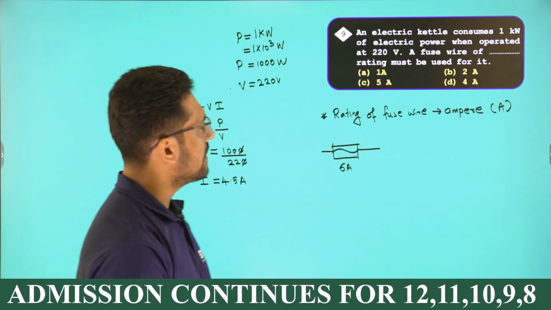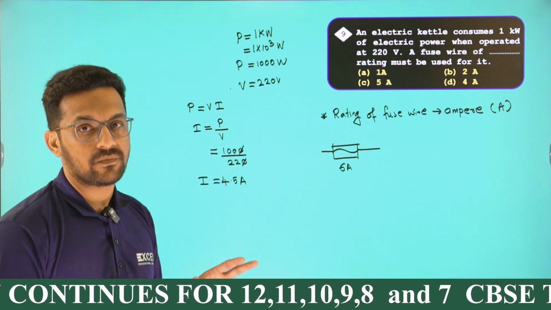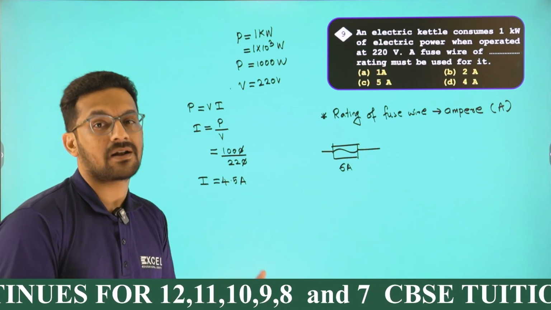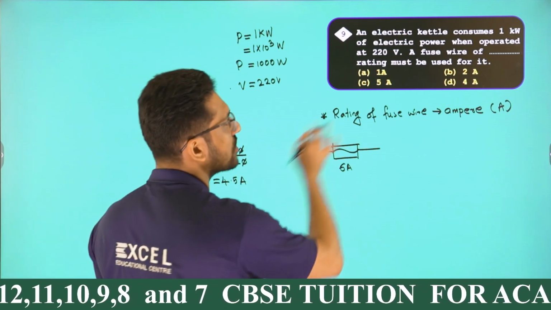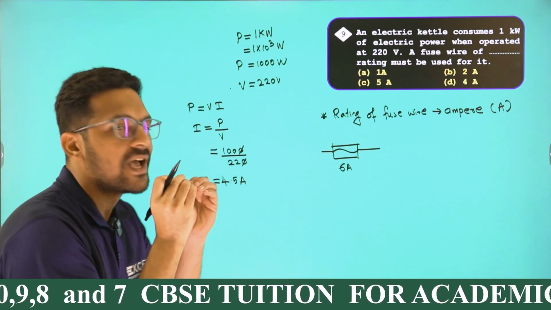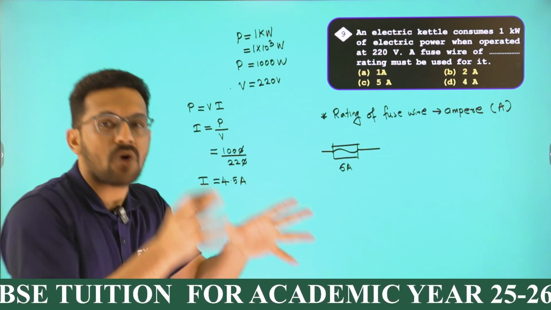If you are using a fuse that is rated below this value, what happens? It will melt right away. So you cannot use a fuse rating below this value. You just have to use a fuse just above this value.